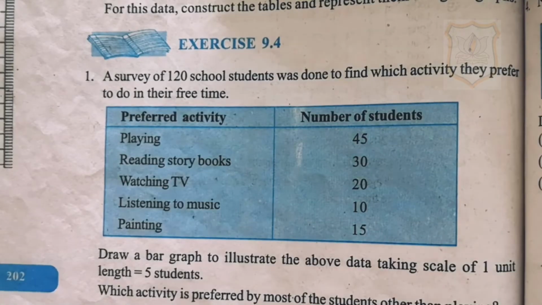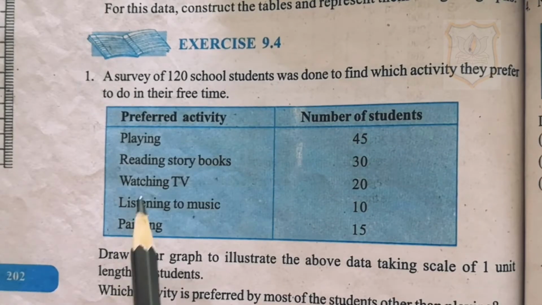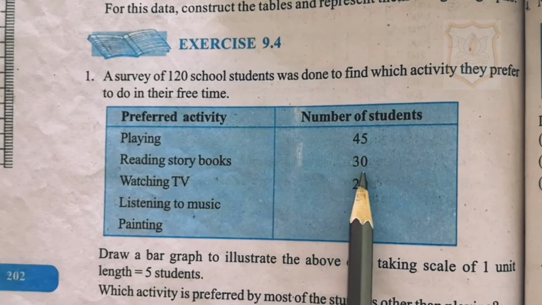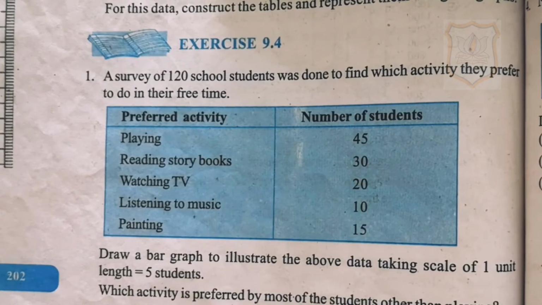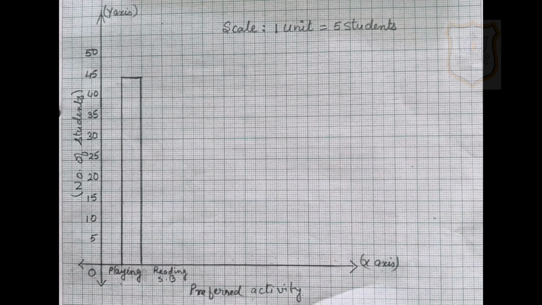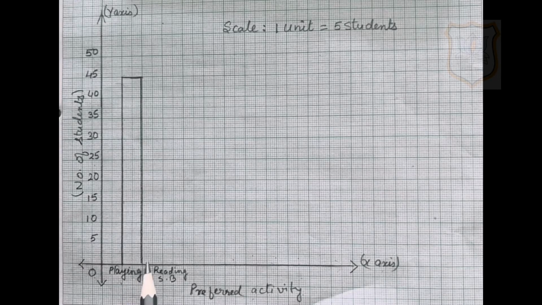The next activity preferred by students is reading storybooks. 30 students like reading storybooks. Now we have to represent that 30 students preferred reading storybooks. So here we will leave this much space and we will write here reading storybooks.